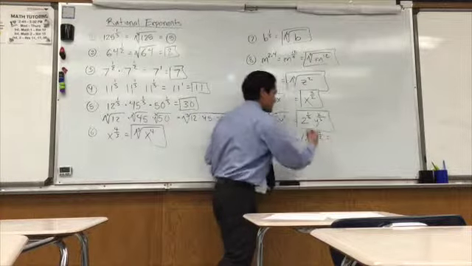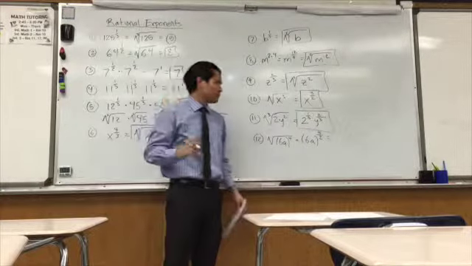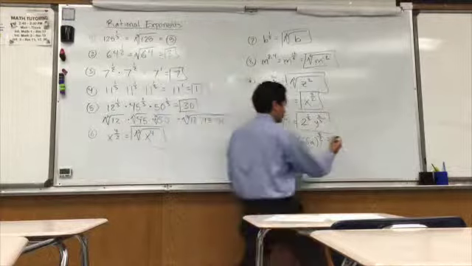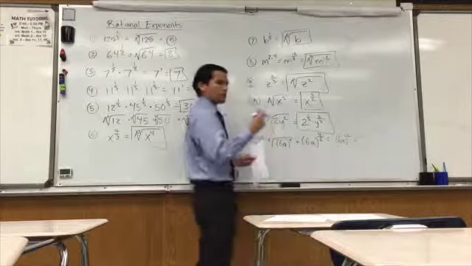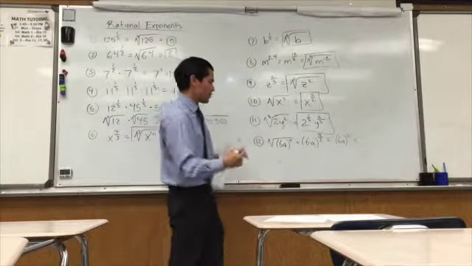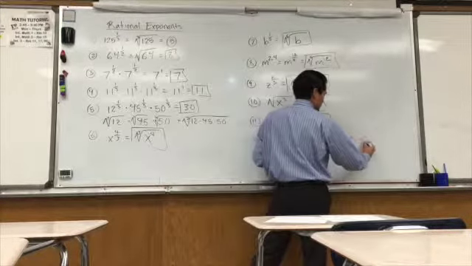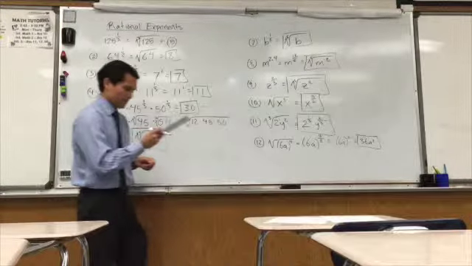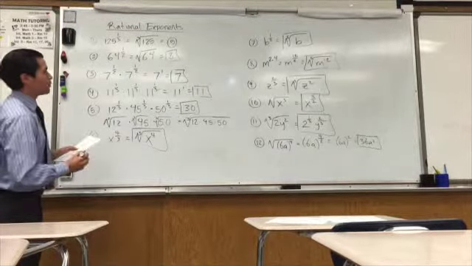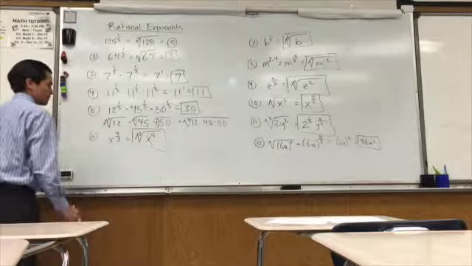So what I have is 6a to the 4/2 power. 4 over 2 is just 2. So what I have is 6a squared. And now I can finish it by just squaring both of them. Square the 6, square the a. You get 36a squared. And done. All right, last one, number 13.